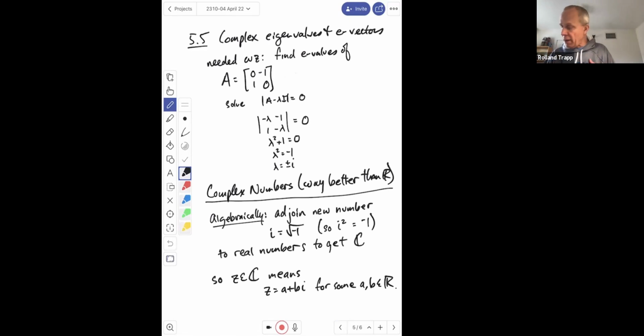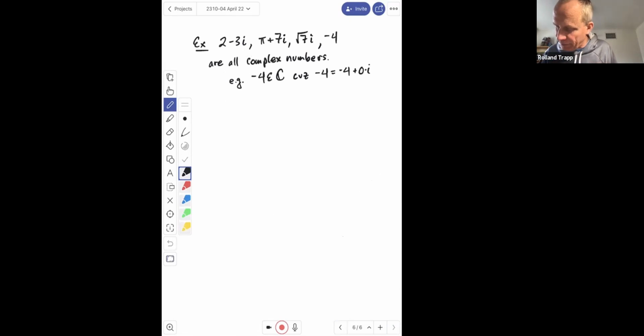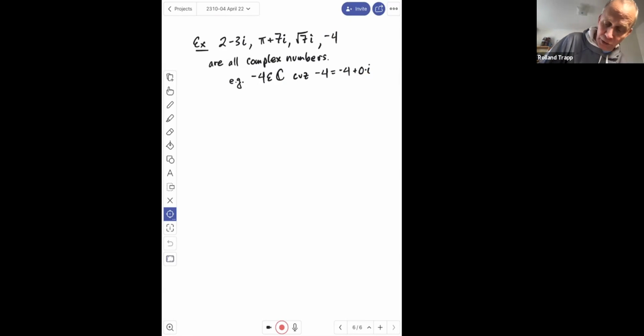To show that a number is a complex number, I have to be able to write it as a real number plus another real number times i. You're allowed to use 0 as one of your real numbers. So that's why the real numbers are also a subset of the complex numbers.